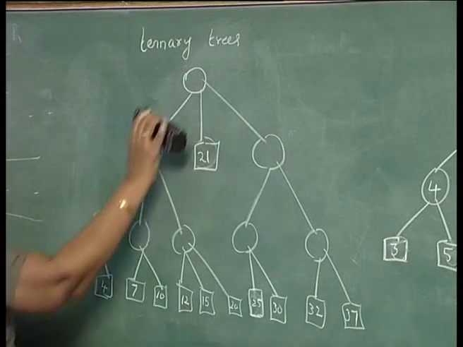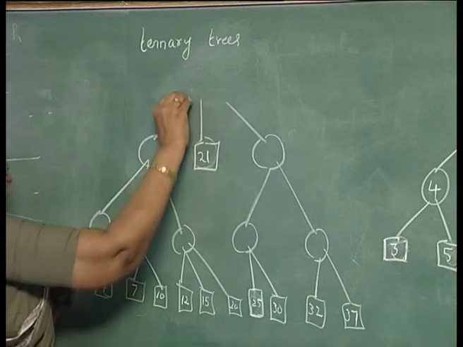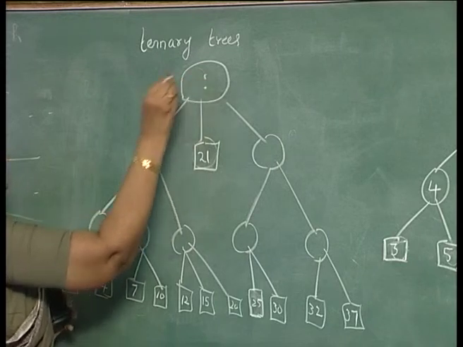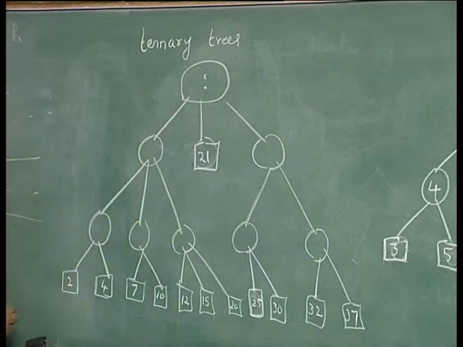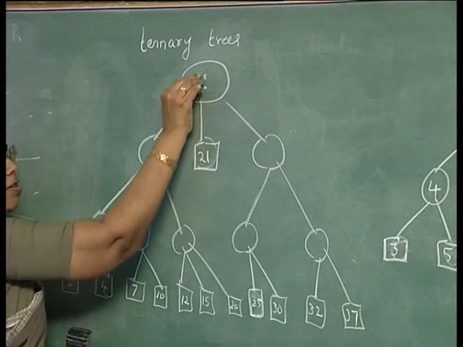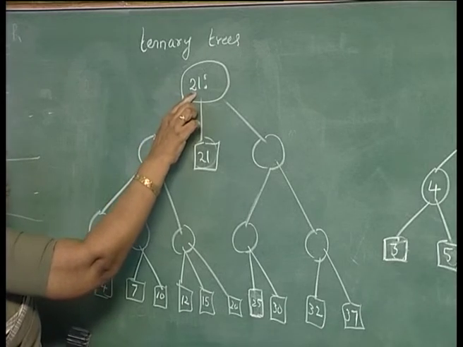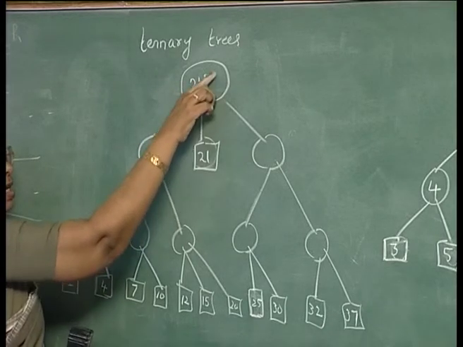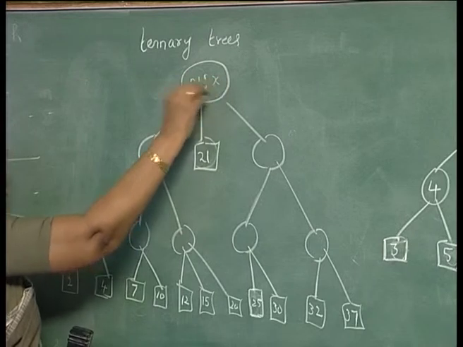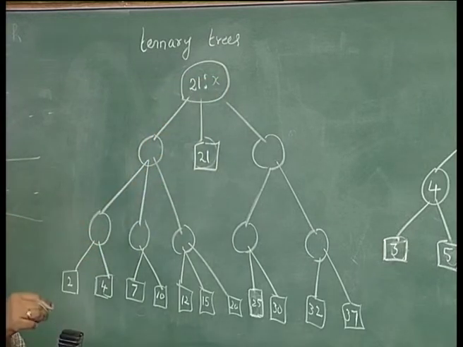Now, when you have 3 sons, this node will have 2 discriminators. The first one here, in this case, can be something like 21, and the next value, x say, will separate the middle subtree.